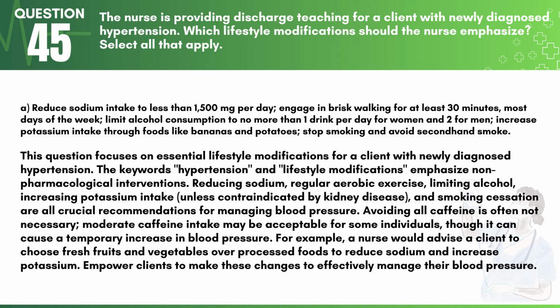This question focuses on essential lifestyle modifications for a client with newly diagnosed hypertension. The keywords hypertension and lifestyle modifications emphasize non-pharmacological interventions. Reducing sodium, regular aerobic exercise, limiting alcohol, increasing potassium intake, unless contraindicated by kidney disease, and smoking cessation are all crucial recommendations for managing blood pressure.